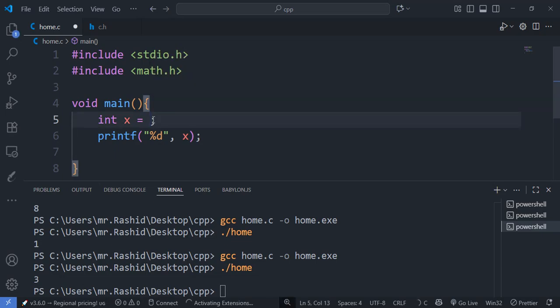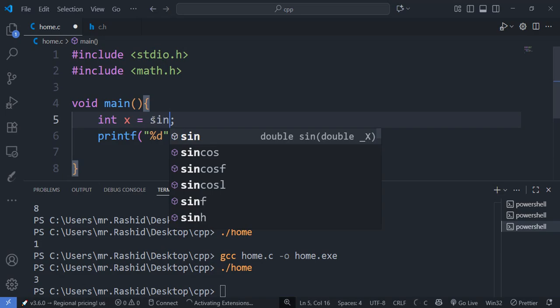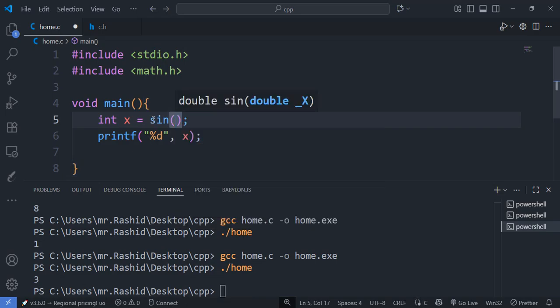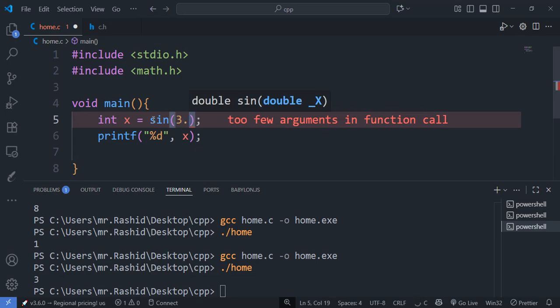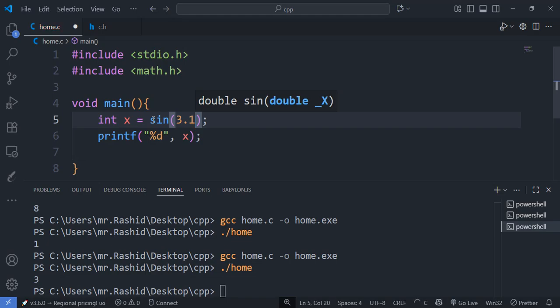Here we call the sine like that, and we take in the number in radians. For example, we have pi, which is 3.14159 and so on, so pi over 2, which is in radians.